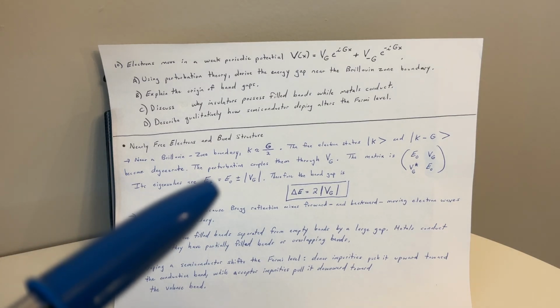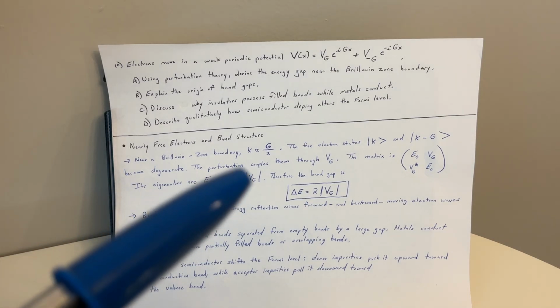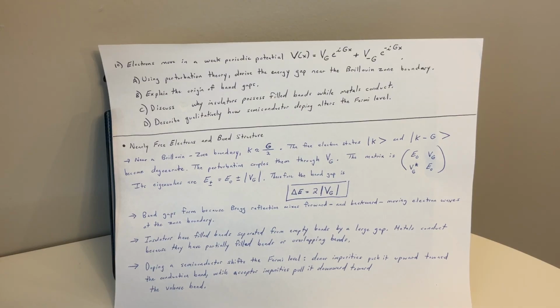Its eigenvalues are E plus or minus equals E naught plus or minus the magnitude of V sub G. Therefore, the band gap is delta E equals 2 times the magnitude of V sub G. Okay, and now band gaps form because Bragg reflection mixes forward and backward moving electron waves at the zone boundary.